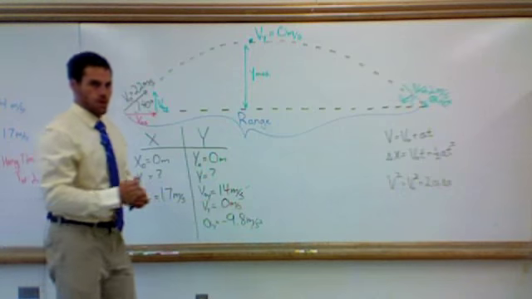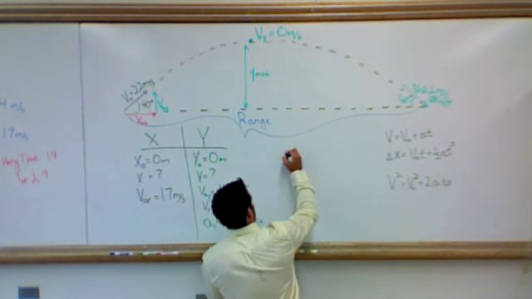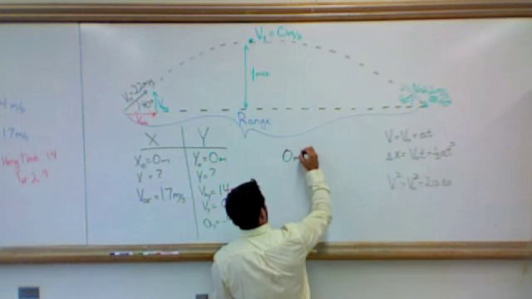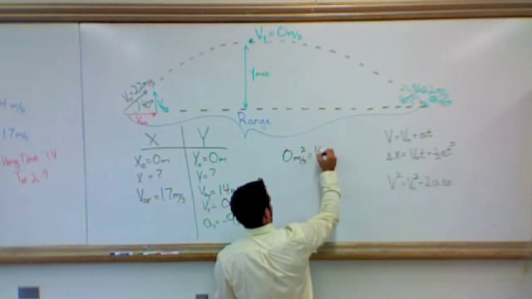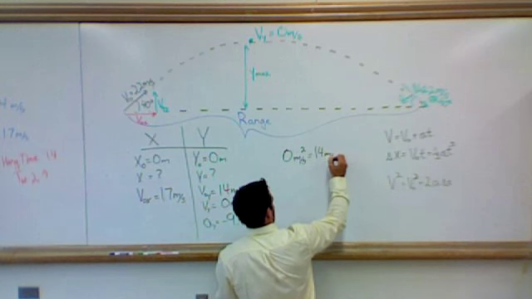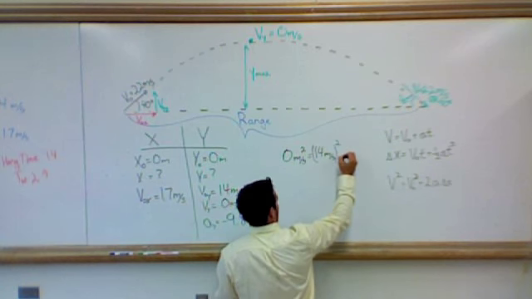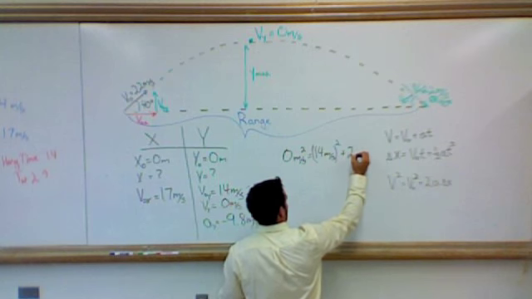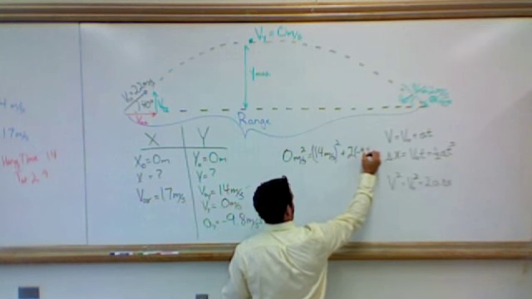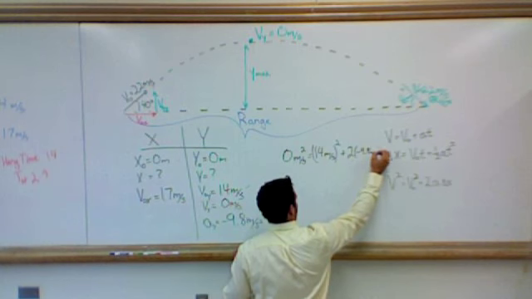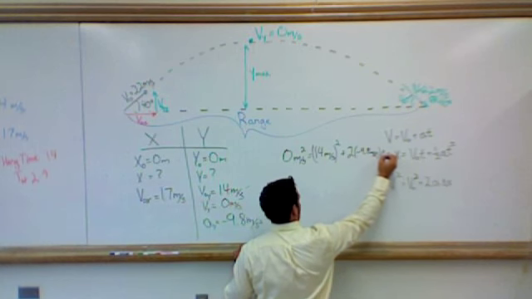Doing this out, we come up with 0 meters per second squared is equal to 14 meters per second squared plus 2 times a negative 9.8 meters per second squared times our change in y.